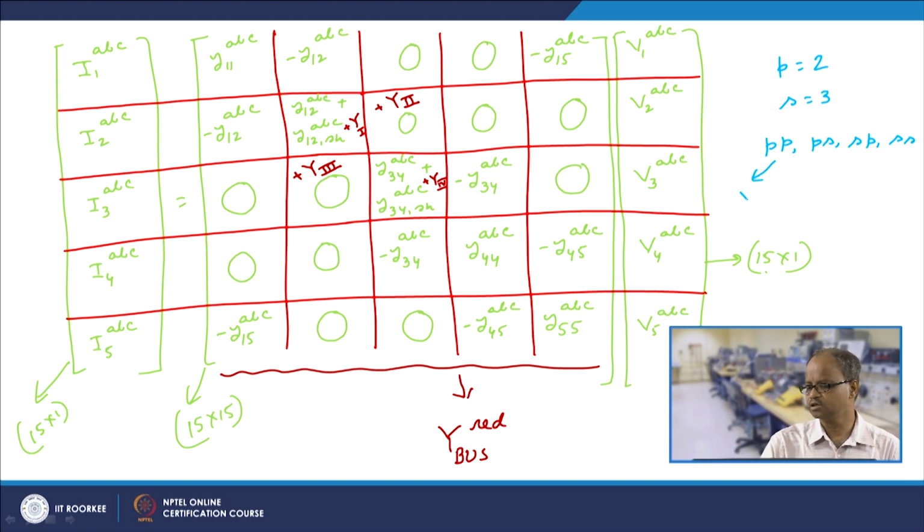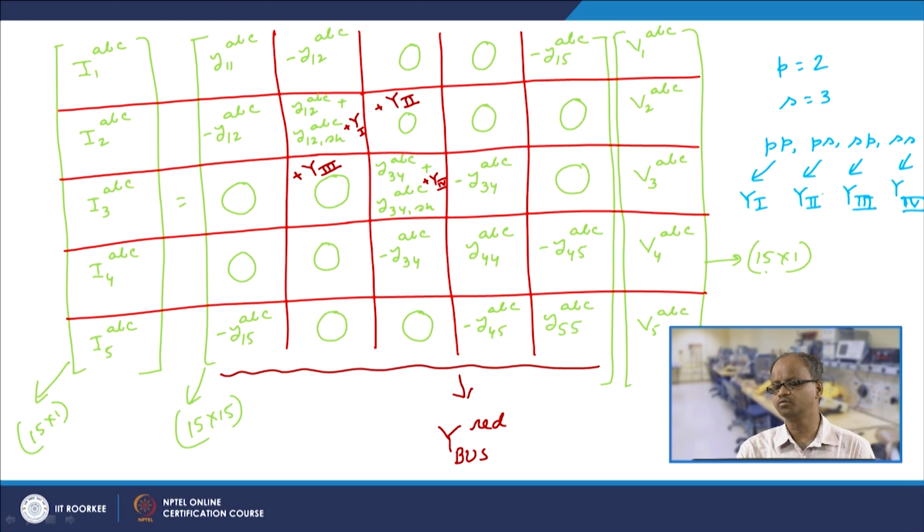At PP location we will add Y1, at PS location we will add Y2, at SP location we will add Y3 and at SS location we will add Y4. We add these 4 sub matrices for the transformer at these 4 locations, right.